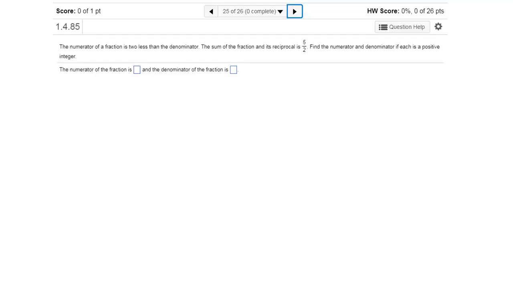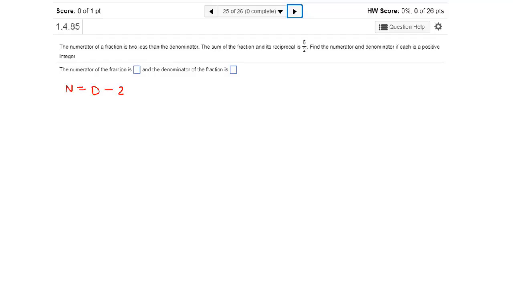So the numerator of a fraction is 2 less than the denominator. So let's work out at least that relationship. Numerator is n, denominator is d. There's at least my relationship between the two. So it says the sum of the fraction and its reciprocal is 5/2.